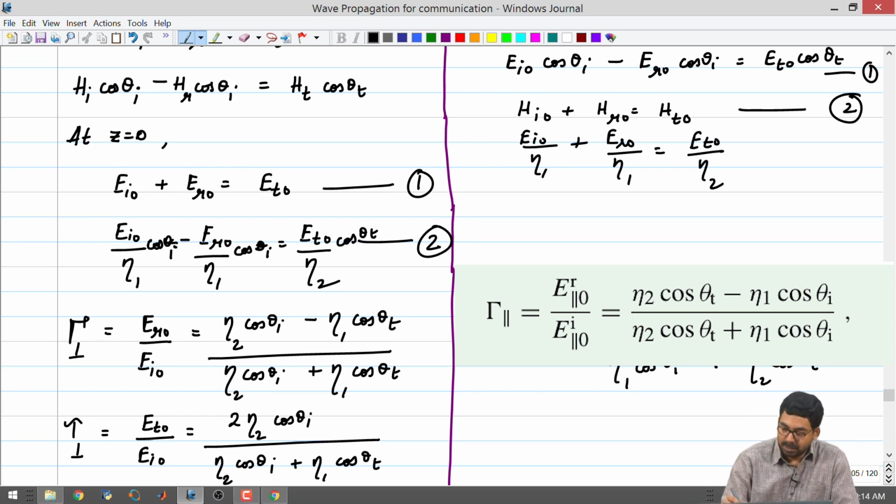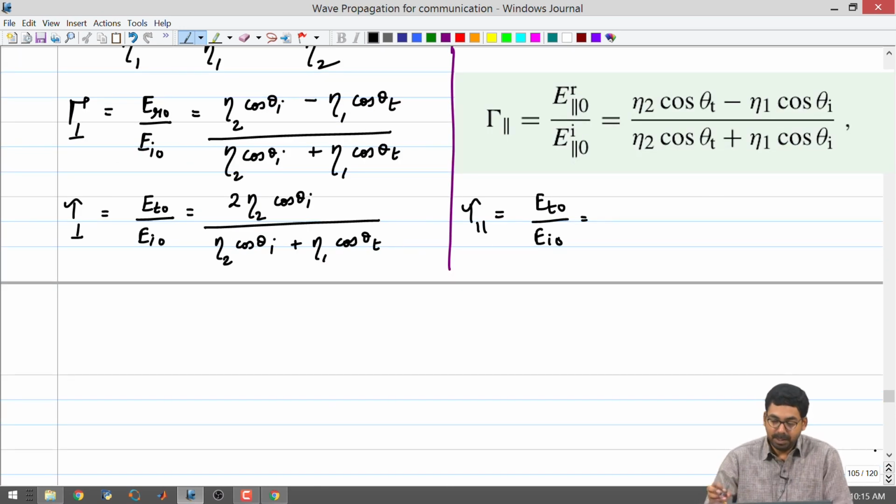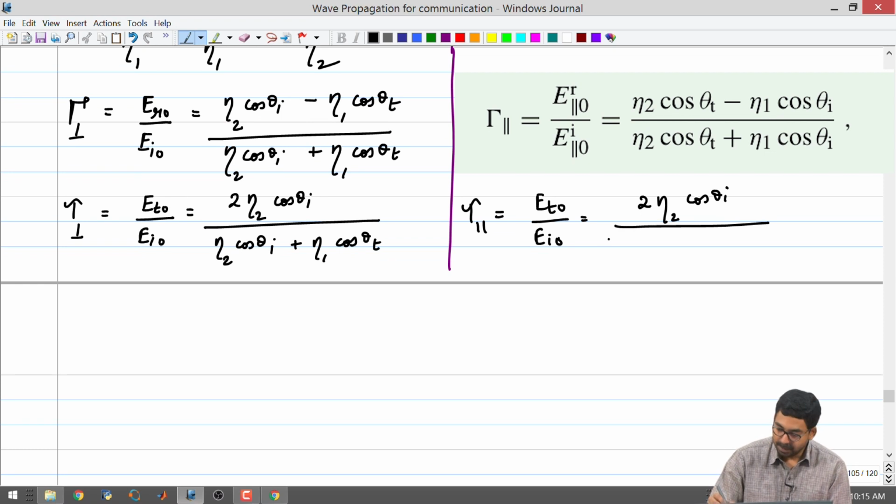Once again, you can solve for the other ratio also, which would be E T naught divided by E I naught, and that turns out to be 2 times eta 2 cos theta I divided by eta 2 cos theta t.